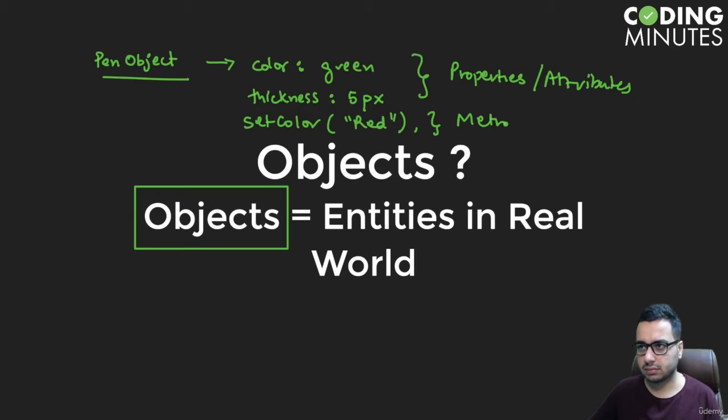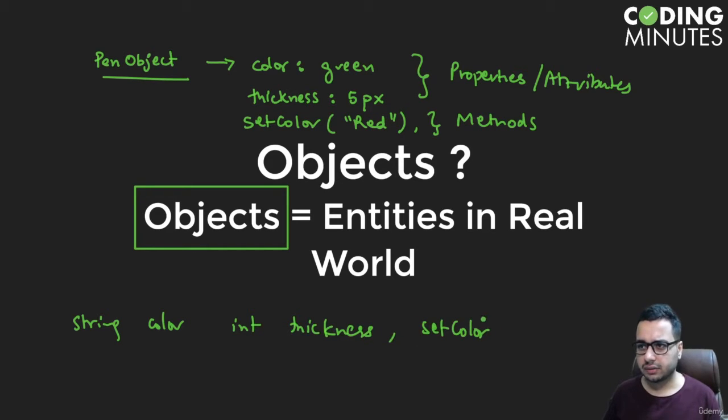Now what you could have done is easily define different variables like string color, int thickness, and some function setColor or something like that.